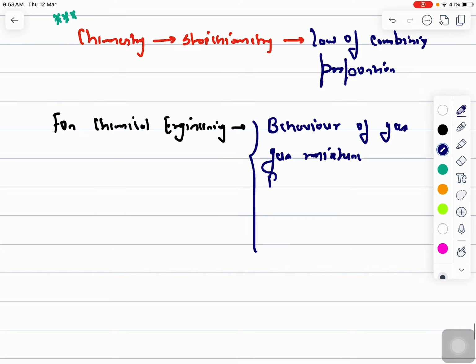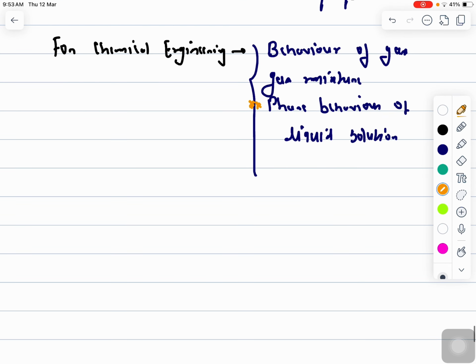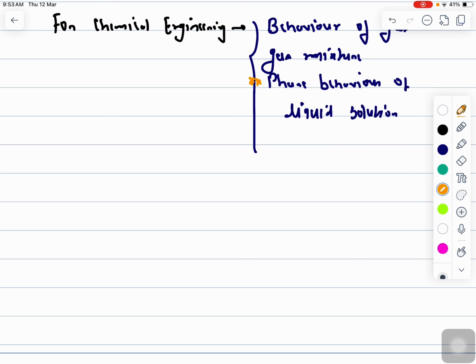Phase behavior of liquid solutions, that we basically study in the thermodynamics topic, right? And the material and energy balance in unit operations, and many more problems will be there, right?